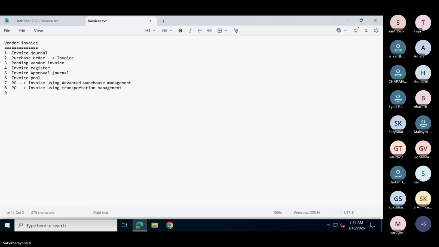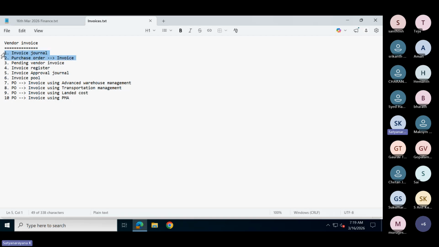Next, purchase order to invoice using landed cost module. Next, purchase order to invoice using PMA, project management accounting.